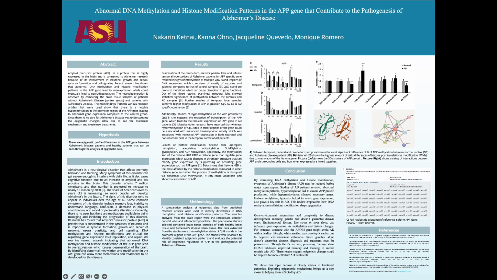Coincidentally, other studies have reported that hypermethylation of CpG sites in other regions of the gene that are not the promoter enhances the transcription of APP genes, which will result in an increase of APP expression. In terms of histones, the histone tail undergoes all sorts of modification, specifically methylation.